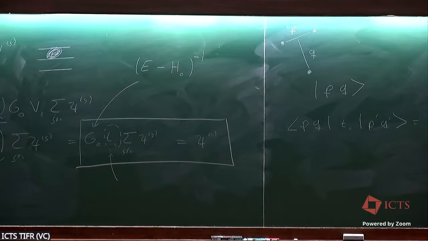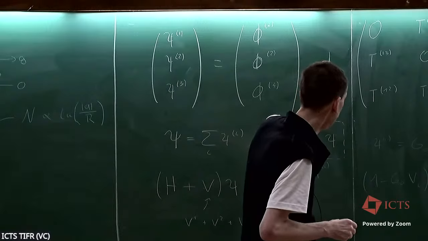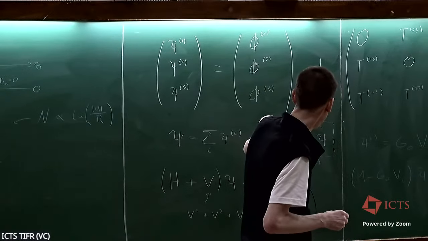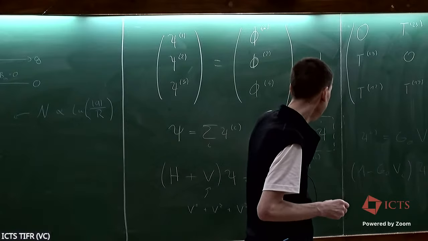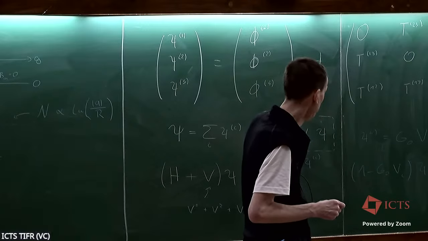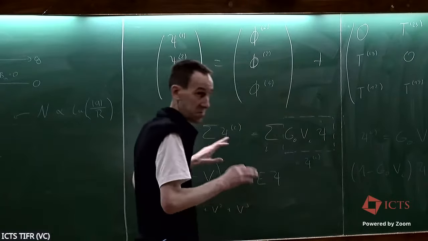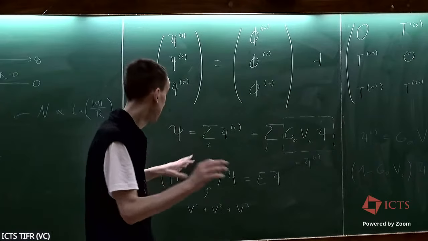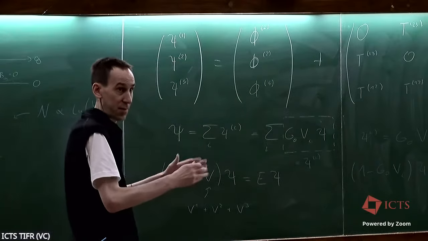You mean the G0 as a 3x3 matrix? G0 is not a 3x3 matrix. No, even that is not a 3x3 matrix. No. So psi is a sum of, I decompose psi in a sum of 3 components.